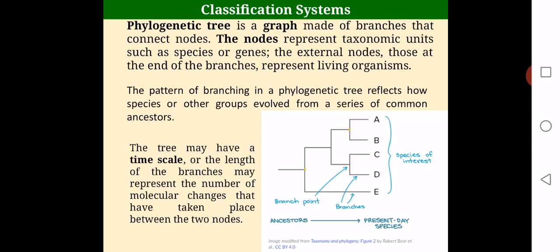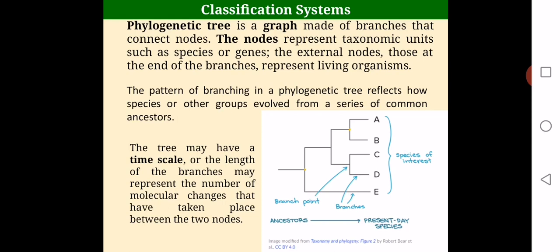It's a graph-like branched tree, and it has certain nodes, and these nodes represent taxonomic units, maybe a species or a genus, and there are external nodes, and at the end of the branches the organisms are represented.